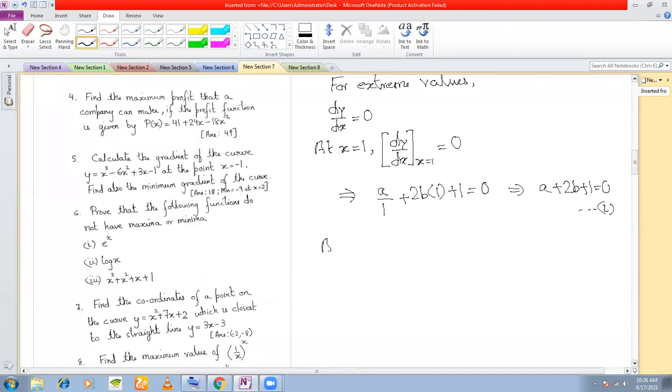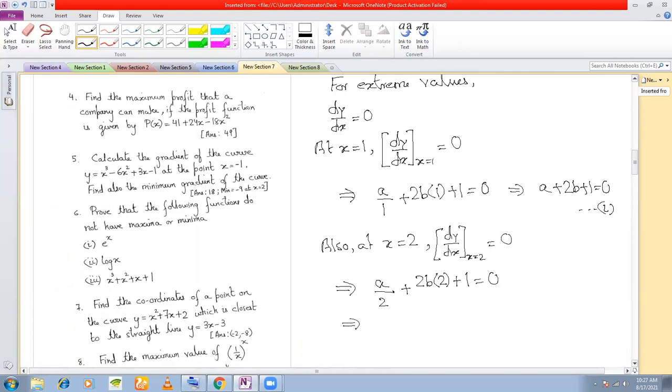Also, at x is equal to 2, you have an extreme value, right? So you put x is equal to 2, dy dx at x is equal to 2 must be equal to 0. So now you put it in the function. So you have a by x plus 2bx plus 1 is equal to 0.